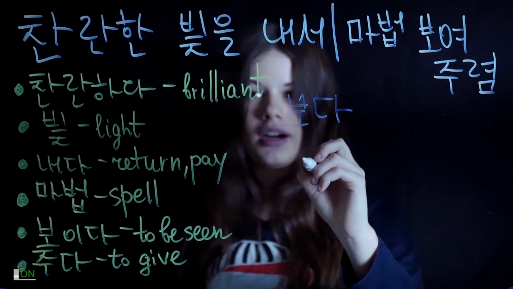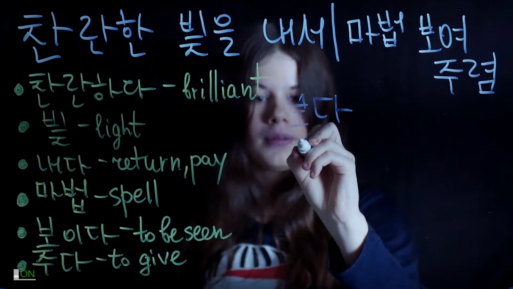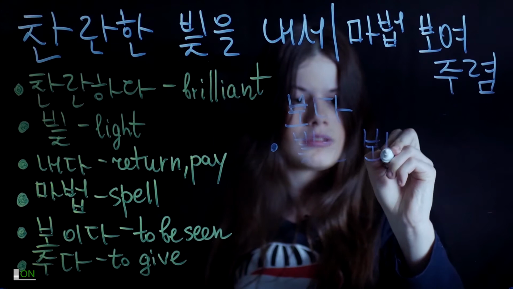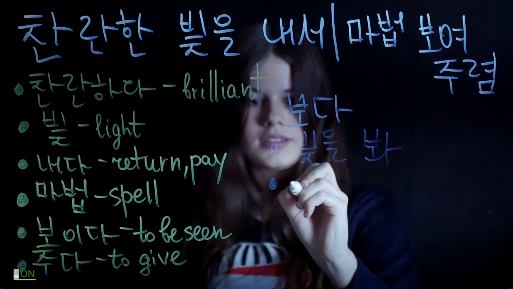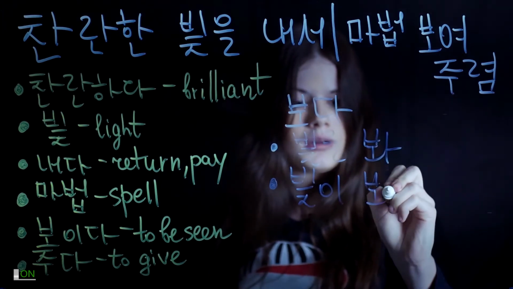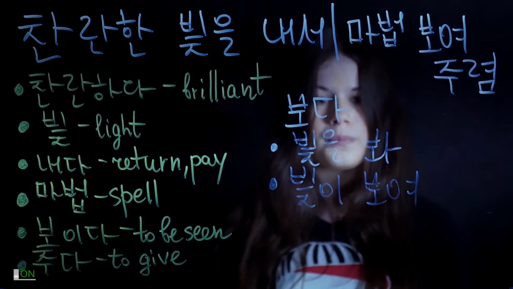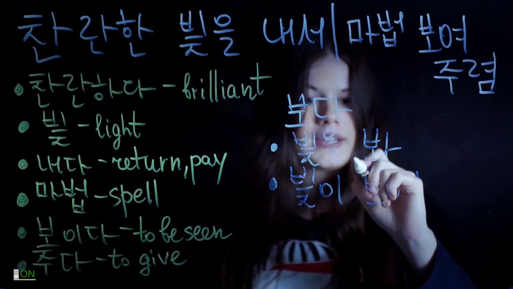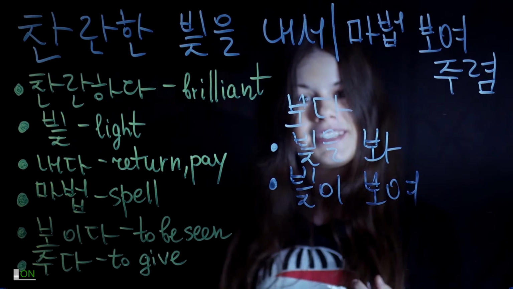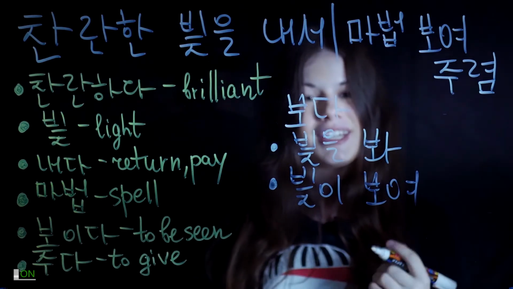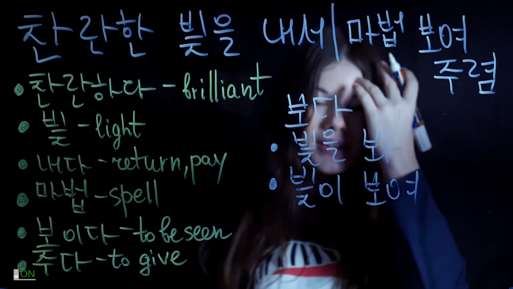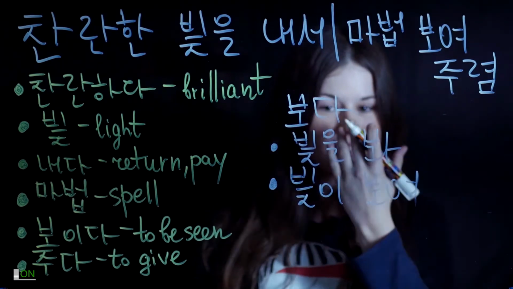For example, 빛을 봐. And let's say 빛이 보여. Here, 봐 is conjugated into the present tense. If you don't know how to conjugate into the present tense, then you should check out this video about the present tense, how to conjugate verbs, adjectives, and passive verbs into the present tense in Korean.